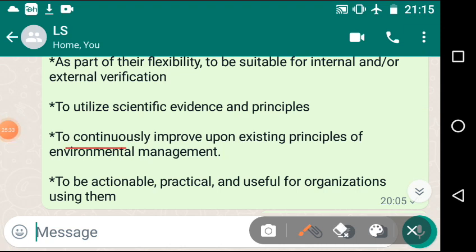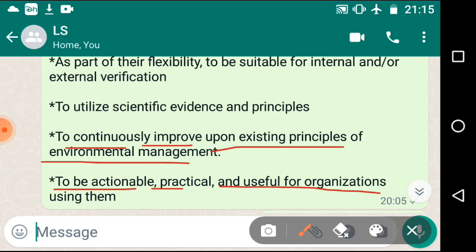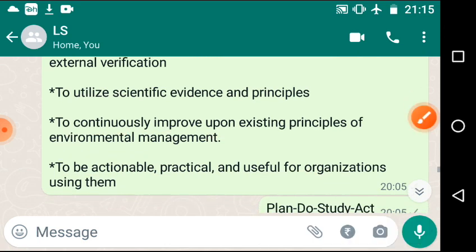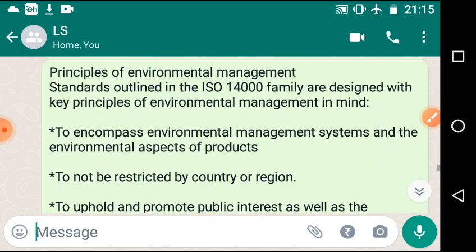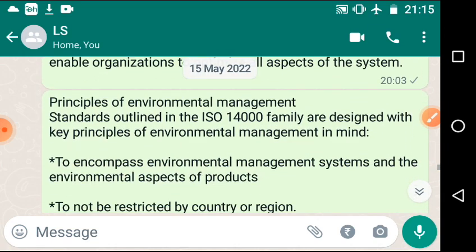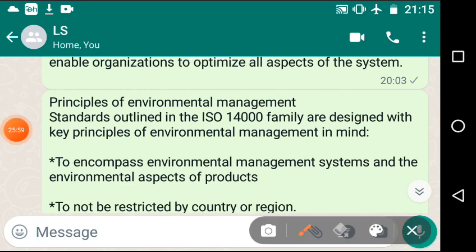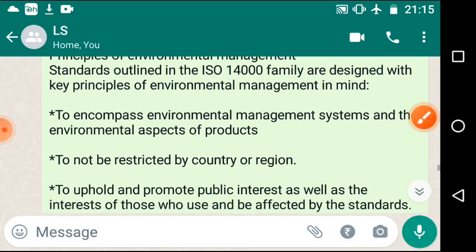The next objective of this environmental management system with respect to ISO 14000 is flexibility, meaning it is not very strict, but suitable for both internal and external verification. Then to utilize scientific evidence and principle, not only that, we have to provide scientific evidence and principle, and continuously improve upon existing principles of environmental management according to the previous principles.